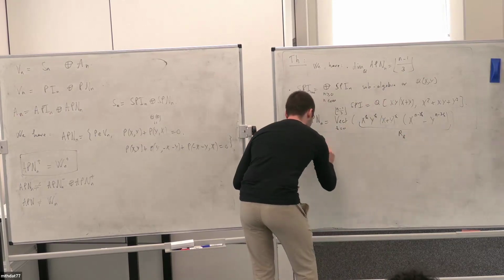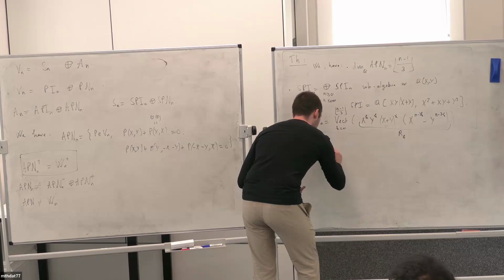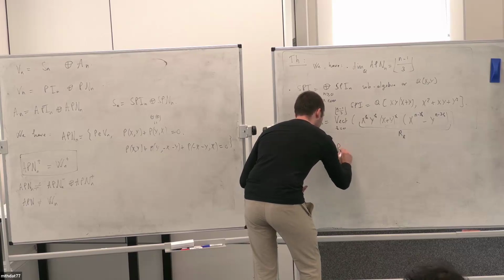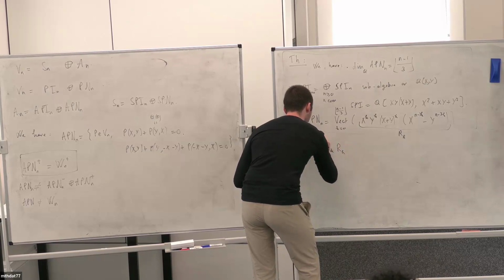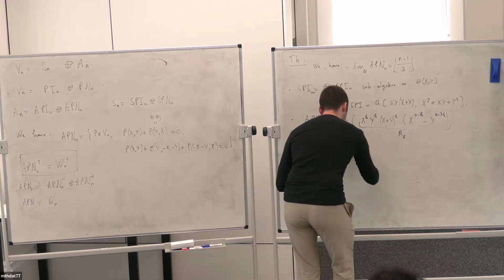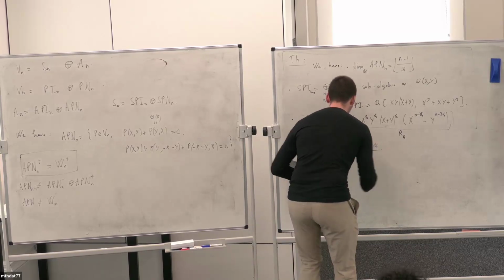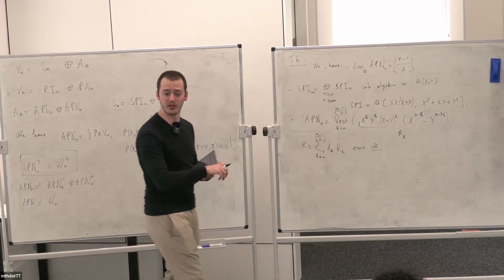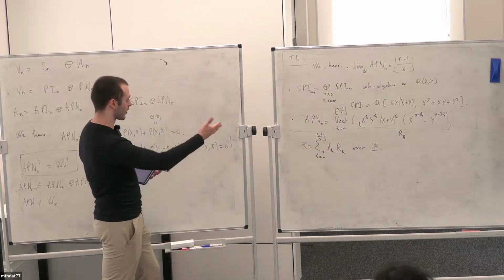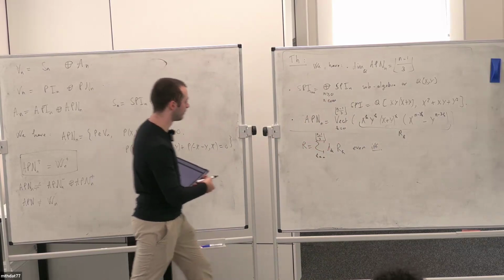An element R, which is a linear combination of Rk's from 0 to (n minus 1) over 3, is even if and only if we solve this linear system we obtain by trying to cancel every odd term.